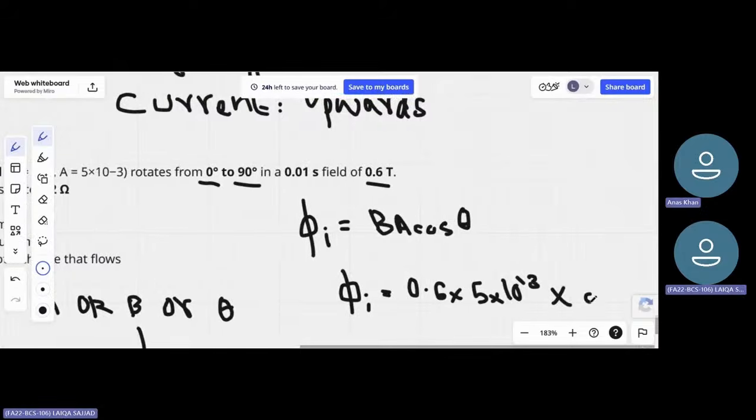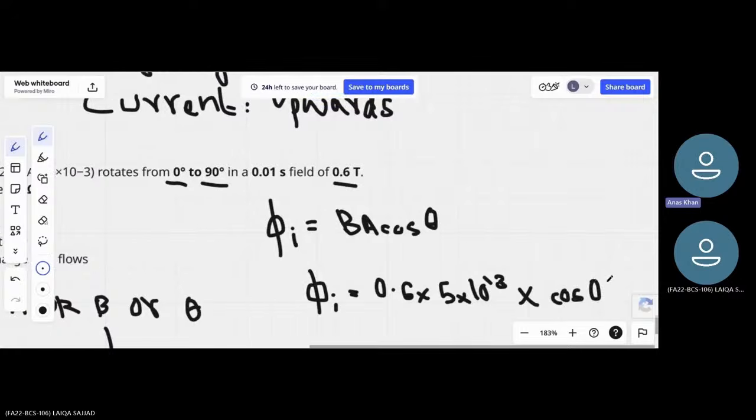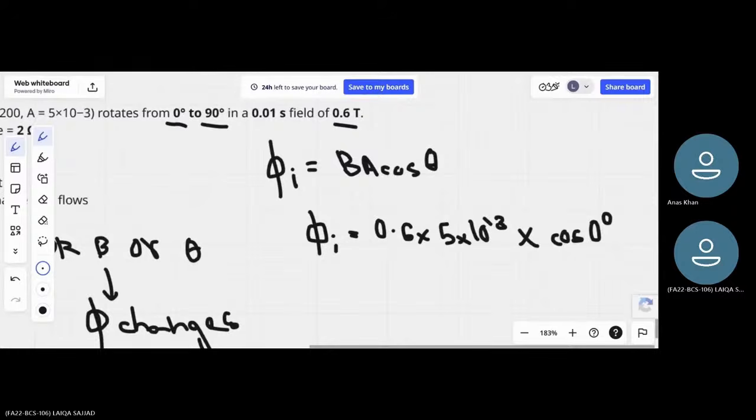What is cos 0? It's 1, right? Yes, it's 1. So you simply multiply it and we will get 3 into 10 raised to power minus 3.